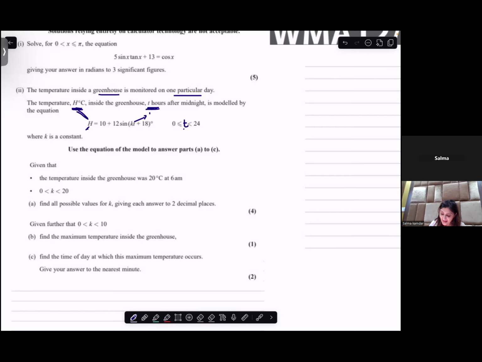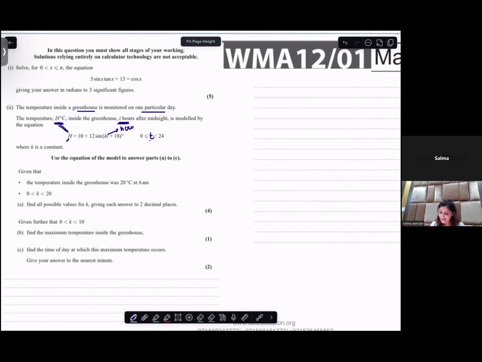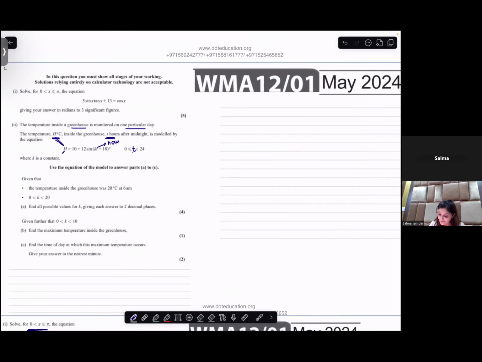So T would be the hour and H is the temperature. I have the equation for the temperature. K is my constant. The equation is 10 plus 12 sine of KT plus 18 degrees.